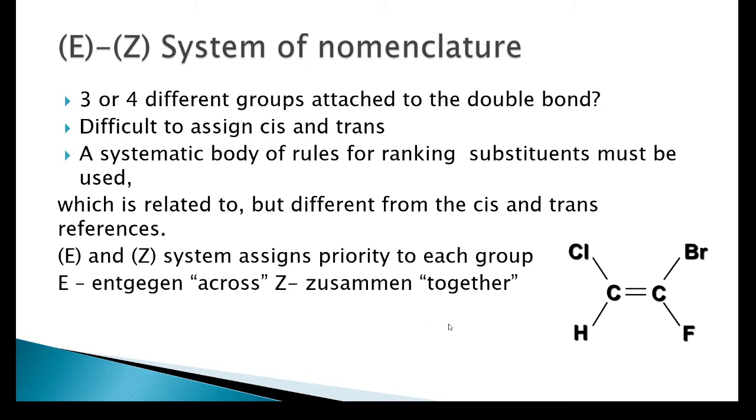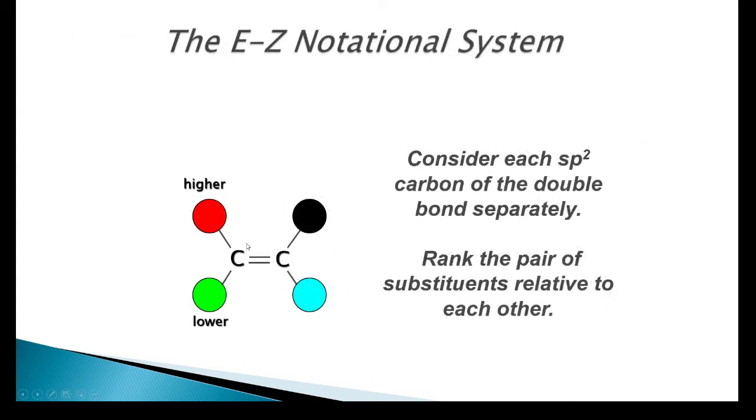But in order to do E and Z, we've got to assign priorities to each one of these functional groups. So let's talk about that. Okay, you look at each carbon and its functional group and rank them higher and lower by priority, and we'll talk about the priority rules.